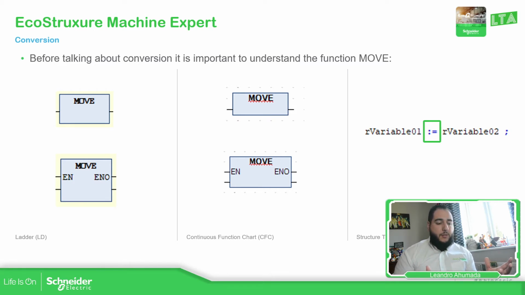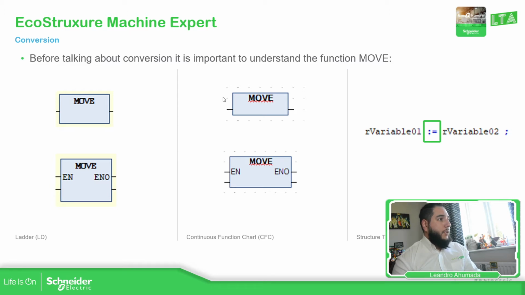So if I want to move, for example, a temperature value from the analog input to another variable that I have, the type must match. That's why we have this move. And sometimes we receive no errors but warnings saying that the variable doesn't match. So in order to match them, we use the conversion.